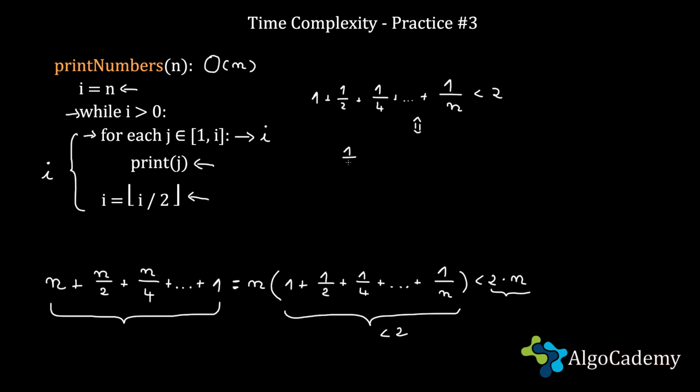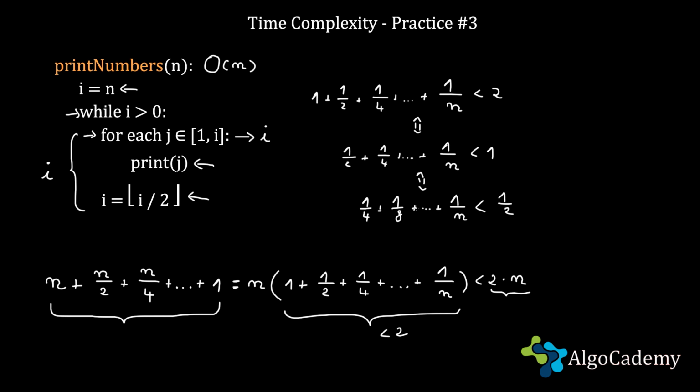What needs to happen is that 1 divided by 2 plus 1 divided by 4 plus up to 1 divided by n, so I subtracted 1 from this sum, has to be less than 2 minus 1, which is 1. Now for this to happen, let's also subtract the first term of this sum. What needs to happen is that 1 divided by 4 plus 1 divided by 8 plus up to 1 divided by n, so I subtracted 1 divided by 2 from this sum, has to be less than 1 minus 1 divided by 2, which is 1 divided by 2.